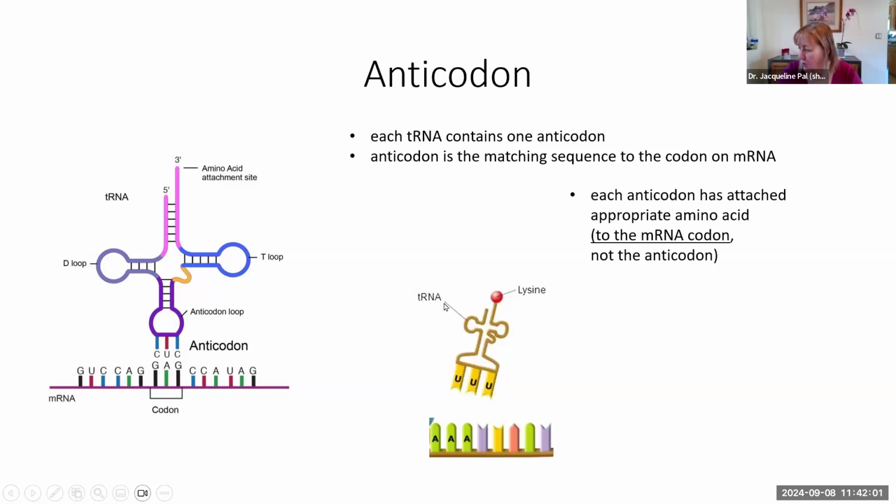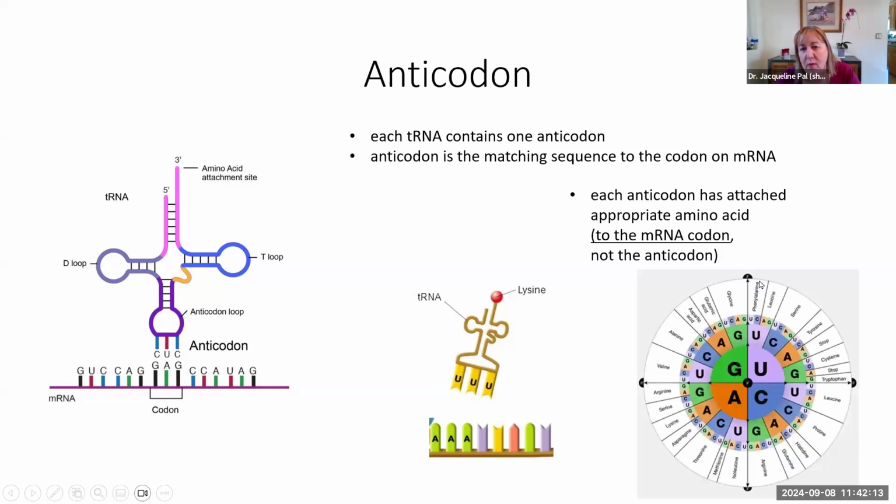Okay, and so each anticodon has the attached amino acid matching the messenger RNA codon. So if we go back and look at this one, AAA, I need my glasses on to make sure because it's tiny.